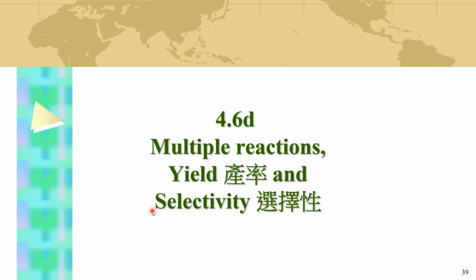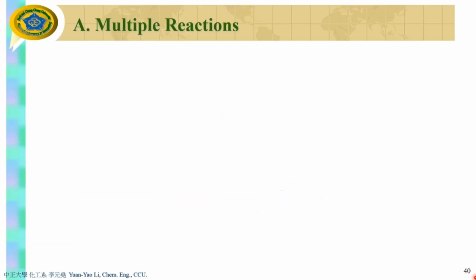So in terms of multiple reactions, there are another two terms you need to remember: one is called yield, one is called selectivity. So let's have a quick understanding about the multiple reactions.